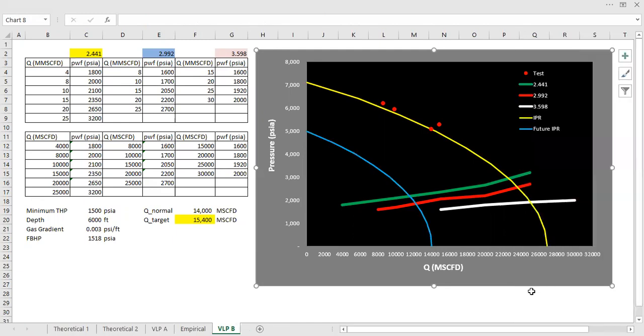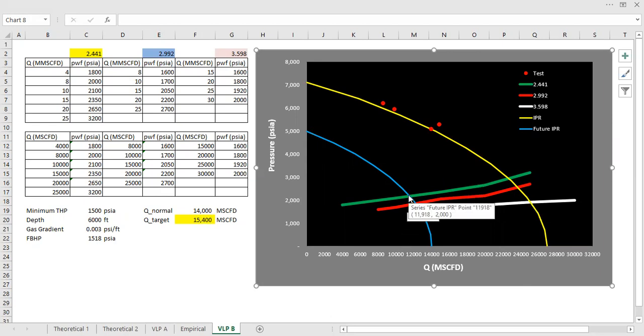Yeah, so of course, the operating rate is the intersection between IPR and the VLP. So we can, yeah, do the trial and error, do the sensitivity analysis by changing the reservoir pressure or static bottom hole pressure until the intersection between the future IPR and the possible VLP occur at 15,400.